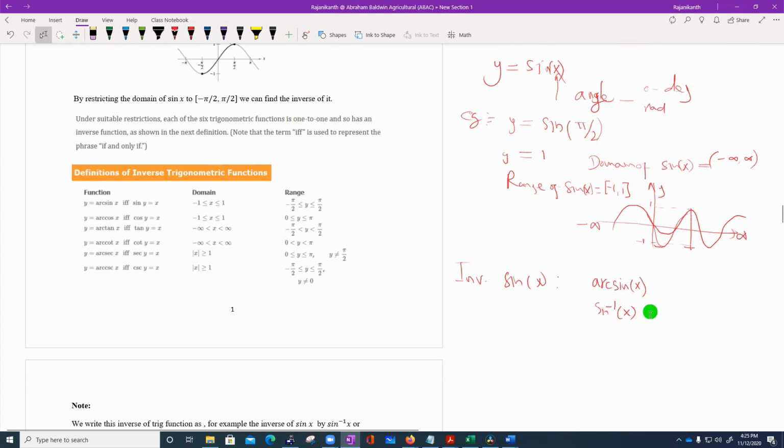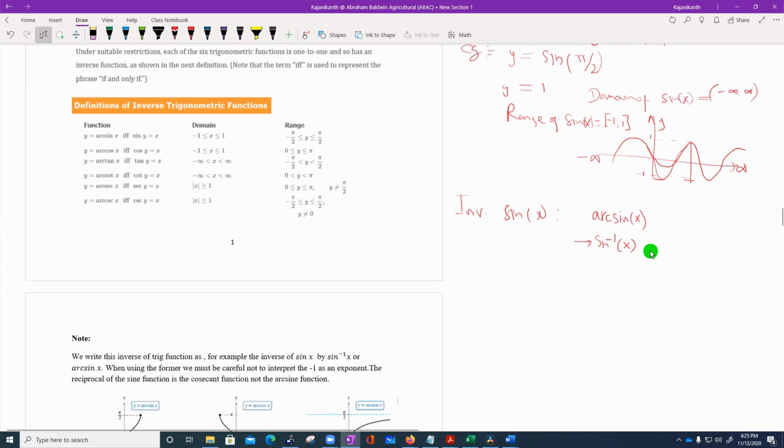No confusion: this is not negative power 1, this is inverse notation. So this is not equal to 1 over sine x. You should not interpret it in a mistaken way. This is not correct. This is just a notation we use for the inverse, like a -1 power. So you could use either one.